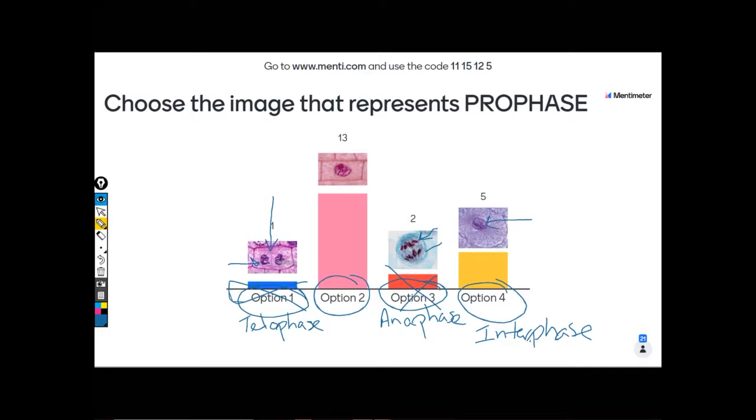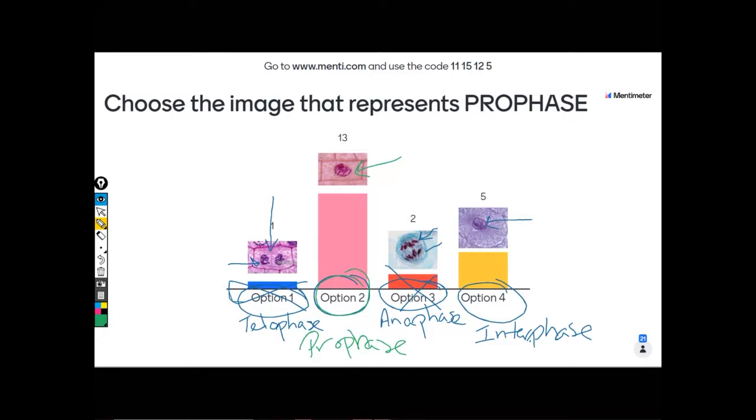So the DNA is uncondensed, right? And that makes it look different. So let's compare this to our correct answer. This is the only one left, so it has to be prophase. Let's take a peek at why it's correct.